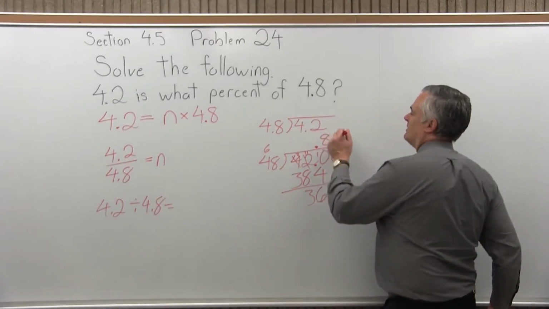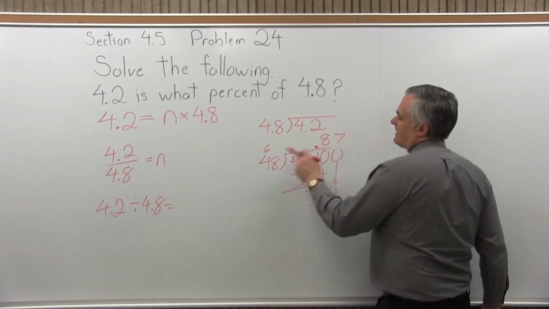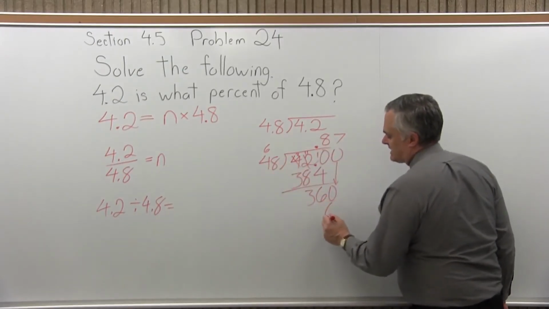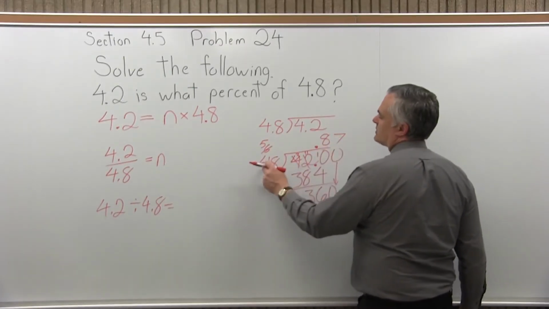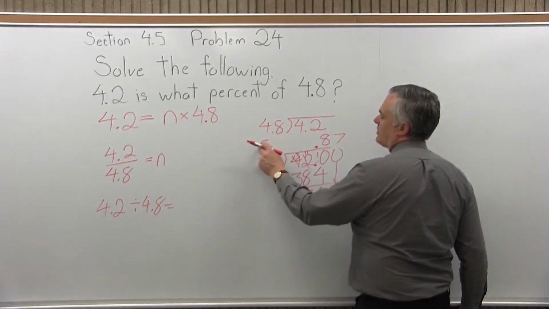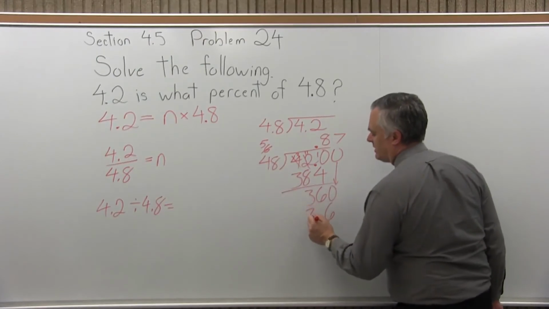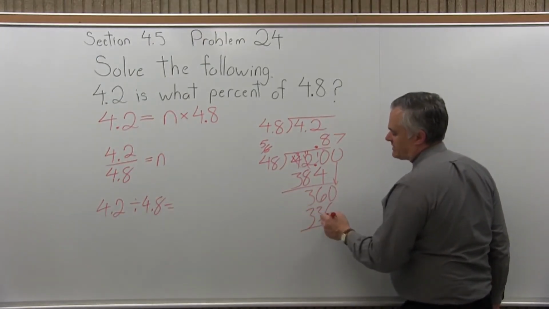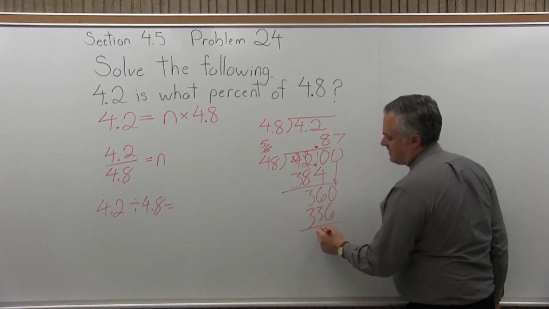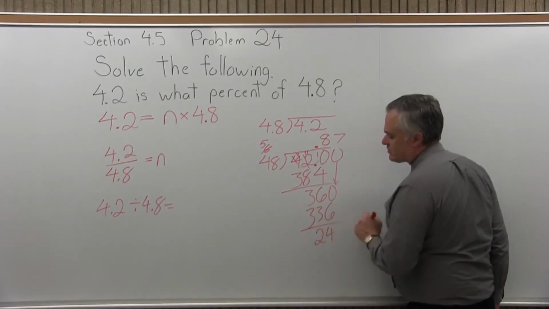That's going to work well. So 7 times 8 is 56. Write the 6, carry the 5. 7 times 4 is 28. 28 plus the 5 more that we carried is 33. And now 360 minus 336. You could borrow. I can see it's 24.